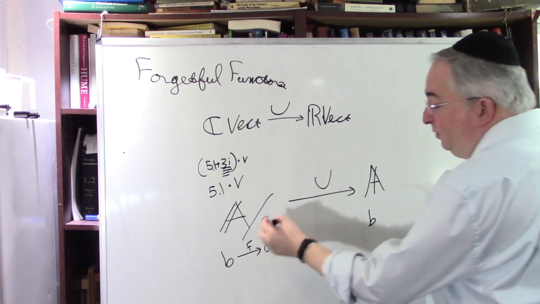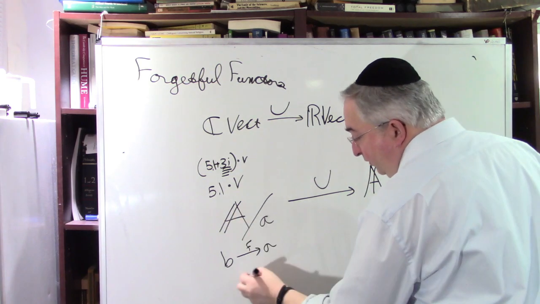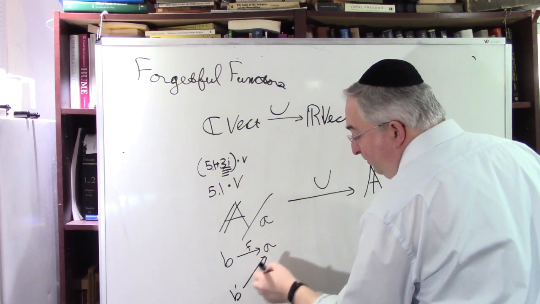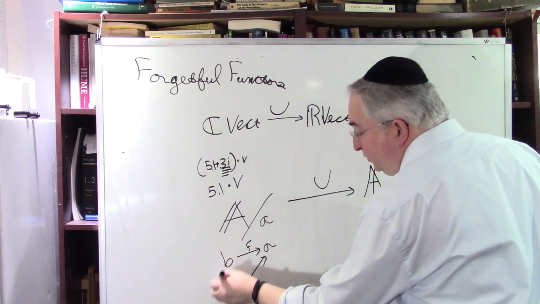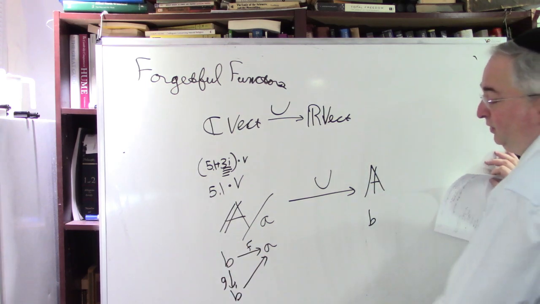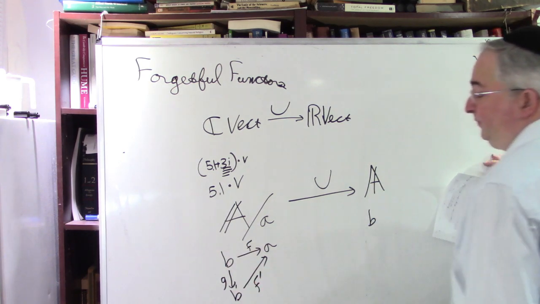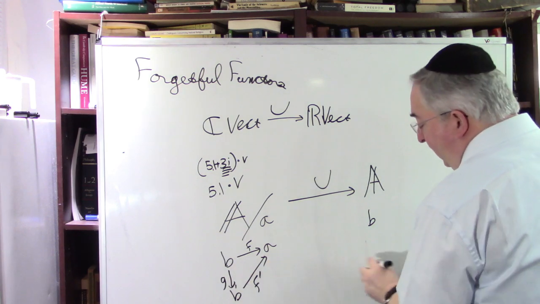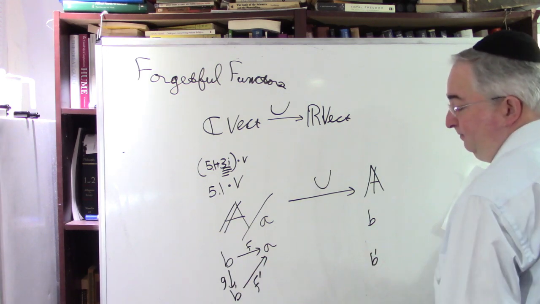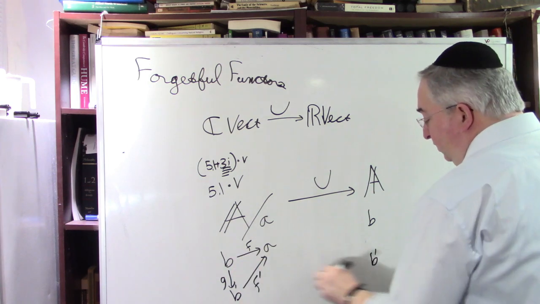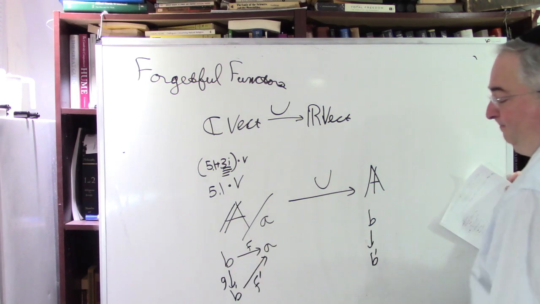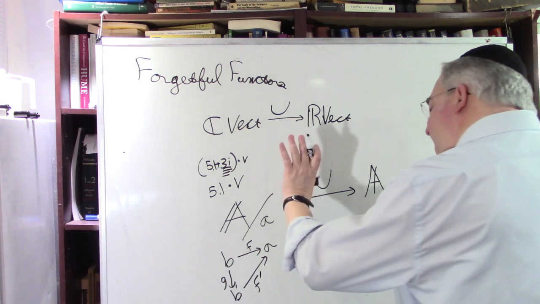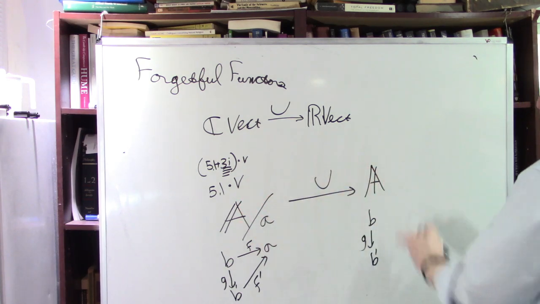Okay, what's a typical morphism in this category? Well, there's a map from B prime to A, and there's a map like that from B, such that this commutes. We'll call this F prime. Well, guess what? This map from B to A forgets to B prime, and this map from G is a map from G to B. So there's a forgetful functor from a slice category down to its regular category.